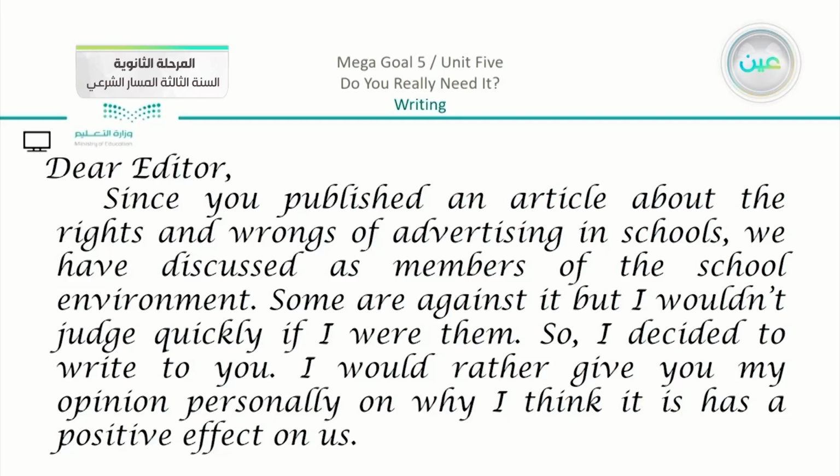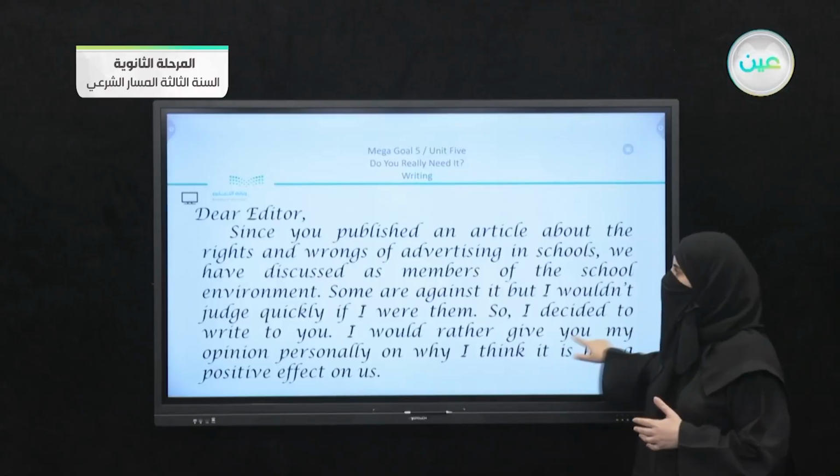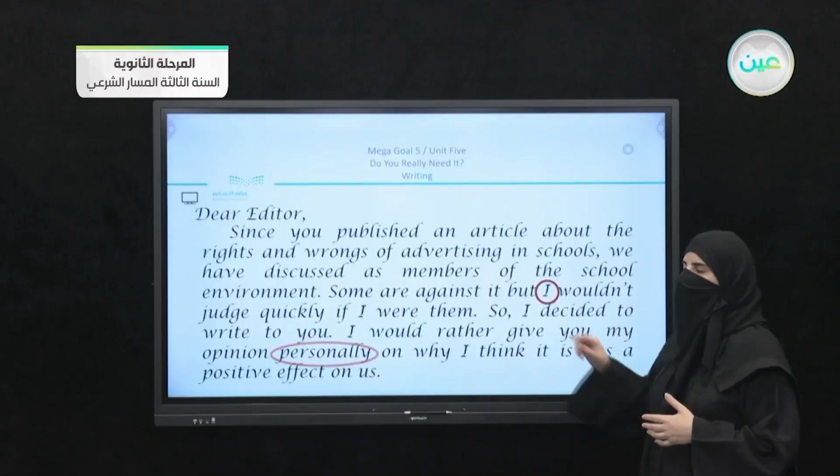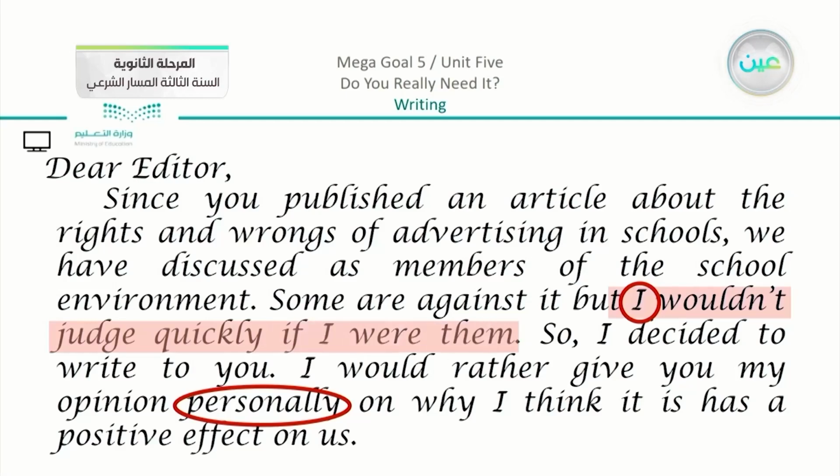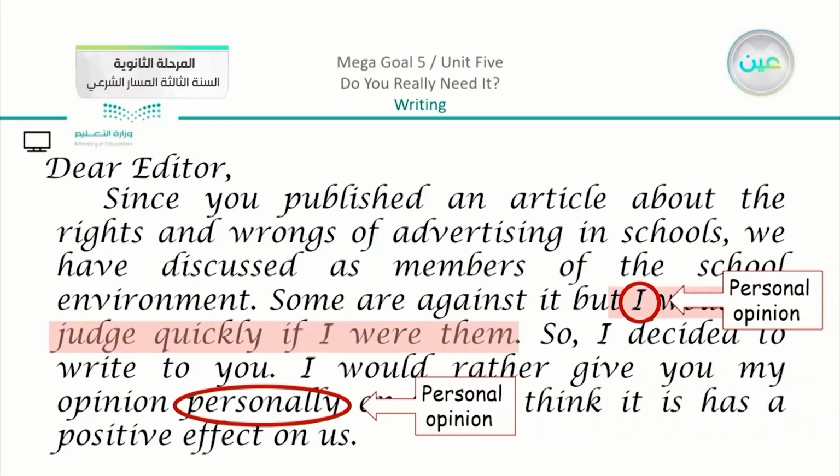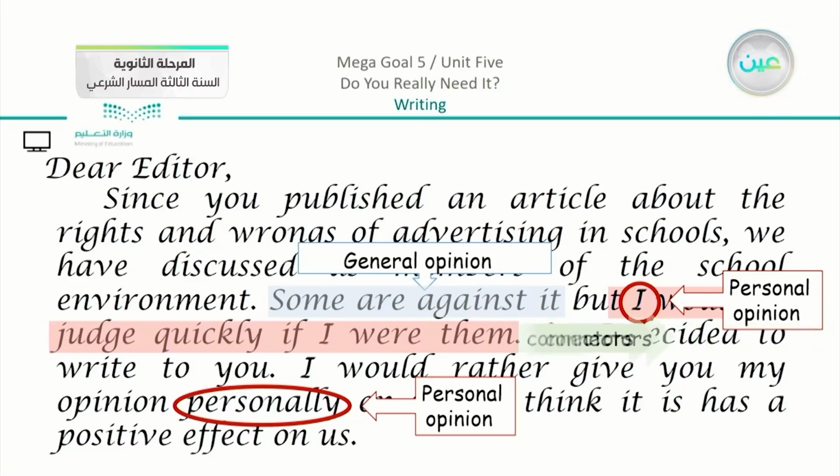Now you can see here that I have applied a lot of things. You can see that we have here I and personally, which gives the personal opinion here. I also used something else, which is some are against, which gives us the general opinion as we were asked. We also have so, which means that we have here connectors.